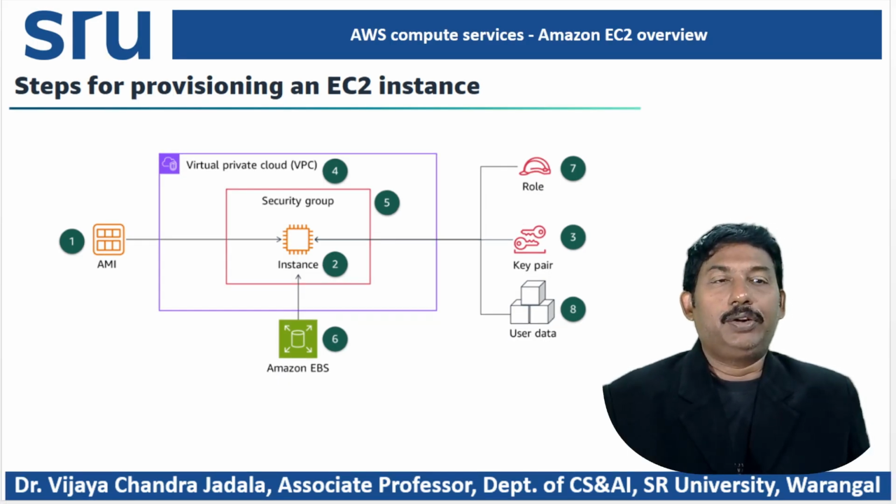Now, related to the steps for provisioning an EC2 instance, that is how Elastic Compute Cloud will be used in general. There are different steps involved here, where the EC2 instance will be connected through virtual private cloud, that is networking, and then it is connected to the storage, that is Elastic Block Storage.